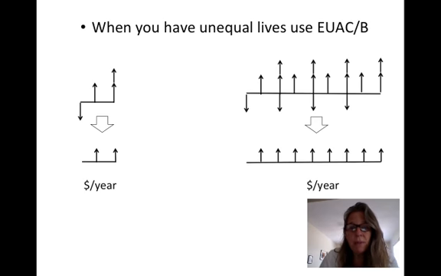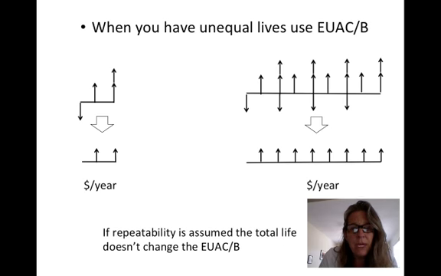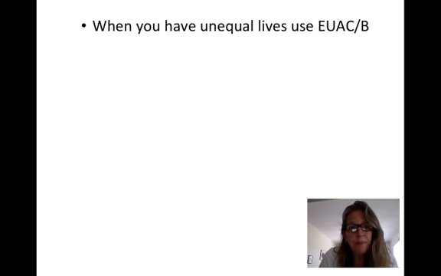And that too can be a dollars per year. Can you see that the dollars per year in both cases are the same, whether I have 1 project or 4 projects back to back? The dollars per year are all the same. So we can use that concept when we talk about repeatability. It doesn't matter how many times you line them up together, the dollars per year is always the same.